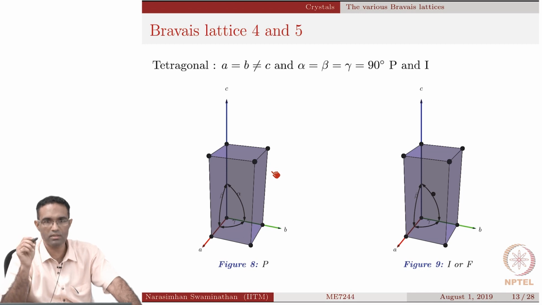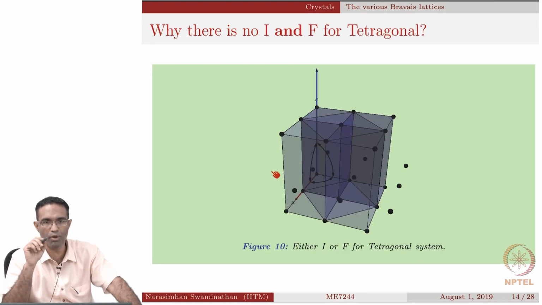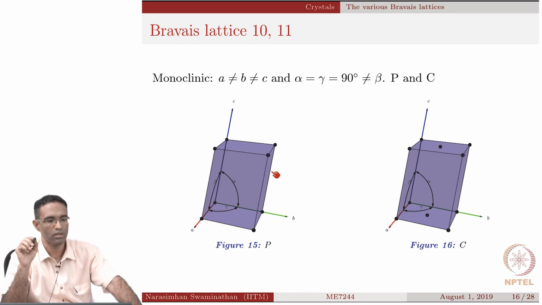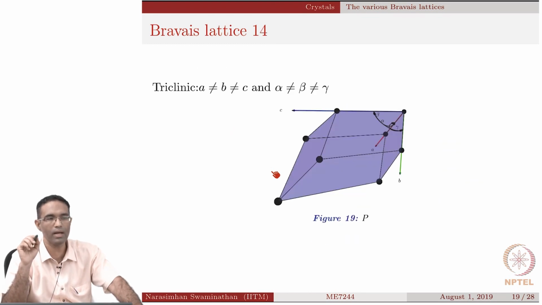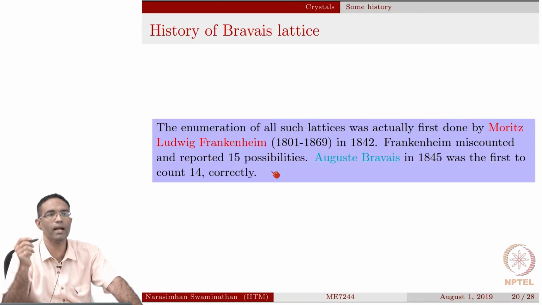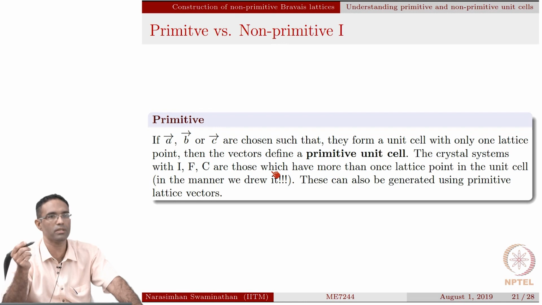What that means is you have only one lattice point per unit cell. So, the definition of a primitive lattice is that you have only one lattice point per unit cell. All other lattices, the face centered lattices or the body centered lattices, have more than one lattice point per unit cell. Okay.